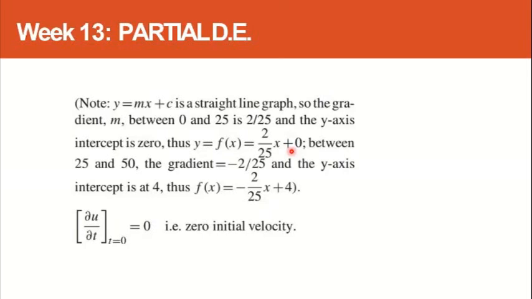And kapag nag-substitute tayo ng value dito, makukuha na natin yung value for the y. And also, pag nakuha na natin yung value ng y natin, makukuha na rin natin yung value natin ng gradient, which is yung 2 over 25.